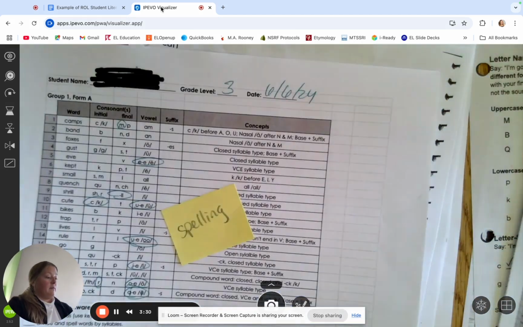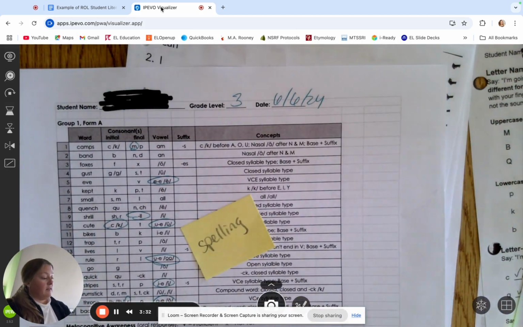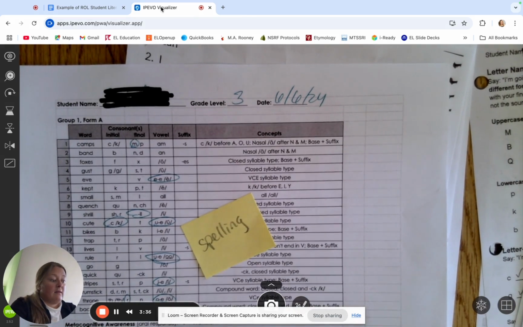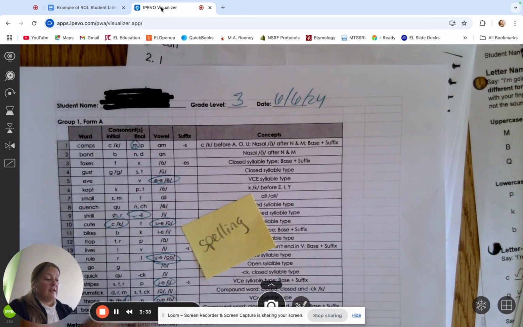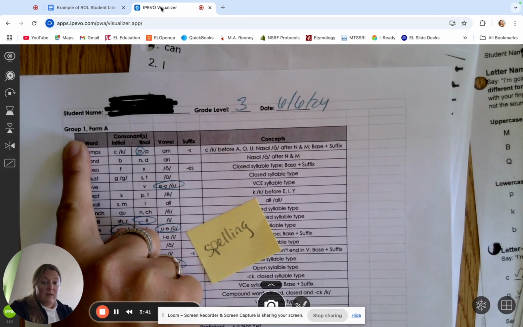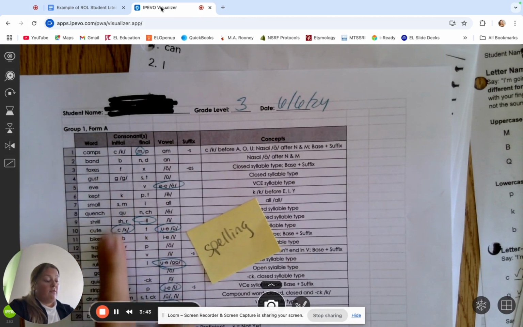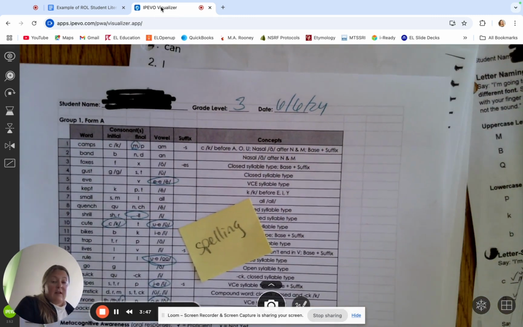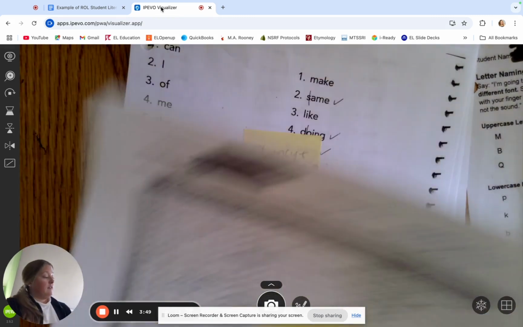Because I ended up pulling the assessment that looked at their ability to read words with closed and vowel consonant E, I pulled the same assessment, group 1, for spelling. I wanted to see how they could do with spelling for this kiddo.